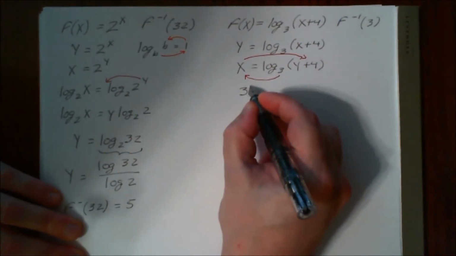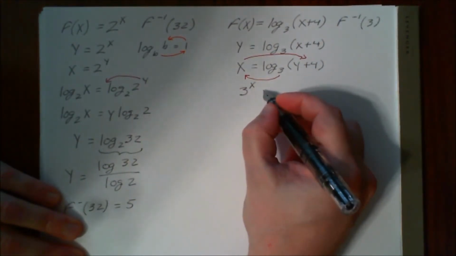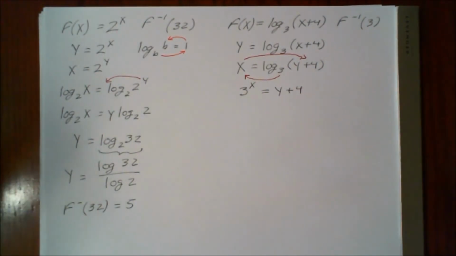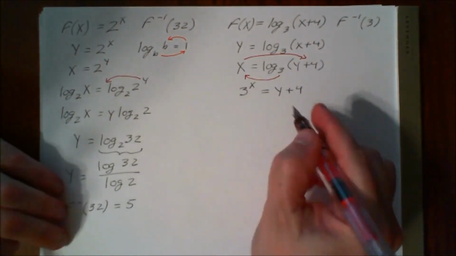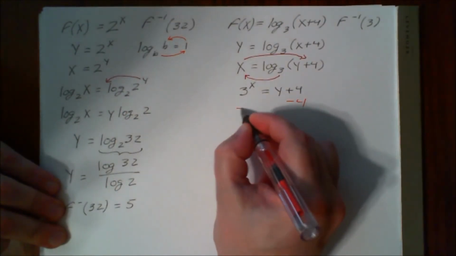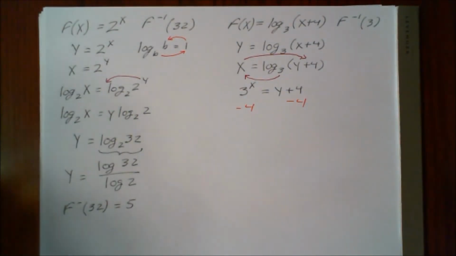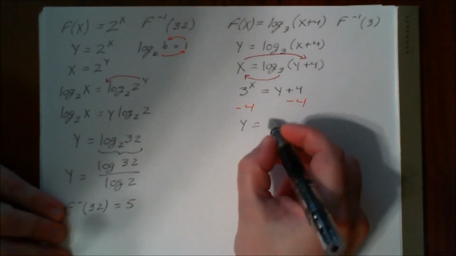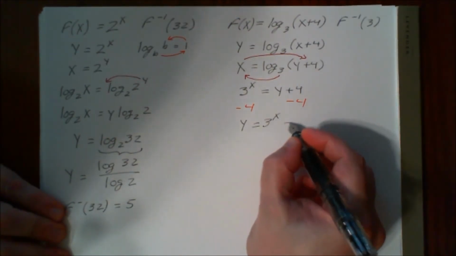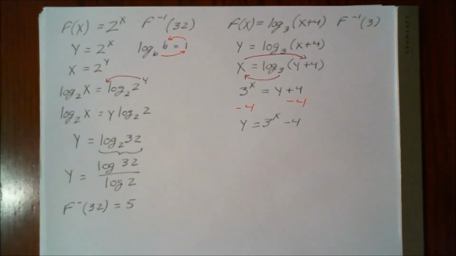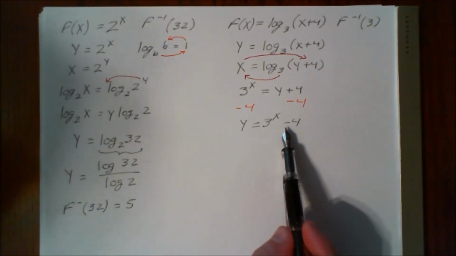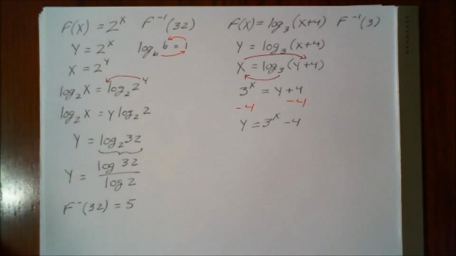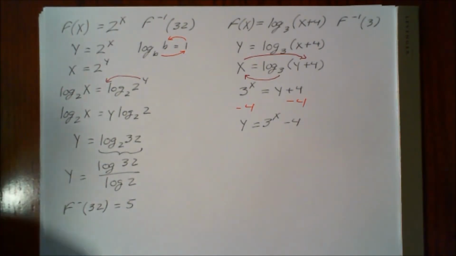So we've got 3 to the power of x equals y plus 4. Remember, we still need to get our y isolated here, so I'm going to subtract 4 from each side. And we're going to end up with y equals 3 to the power of x minus 4. And it's important to note that the minus 4 is not part of the exponent. That's what we call a constant, so that's at the end there.